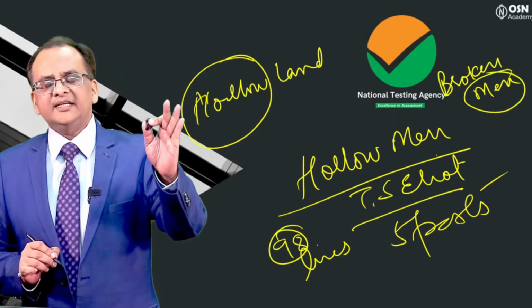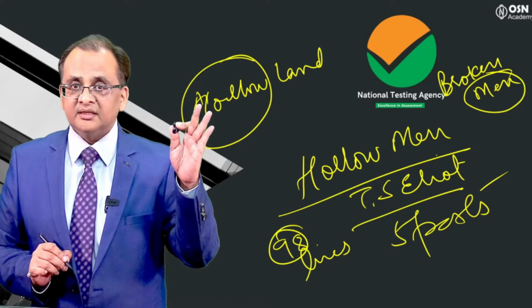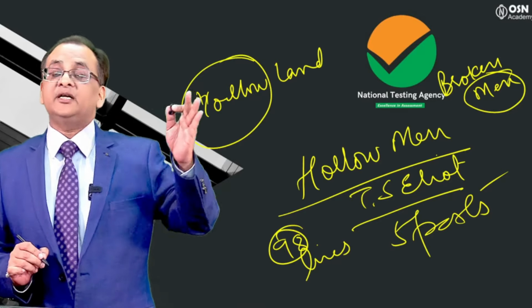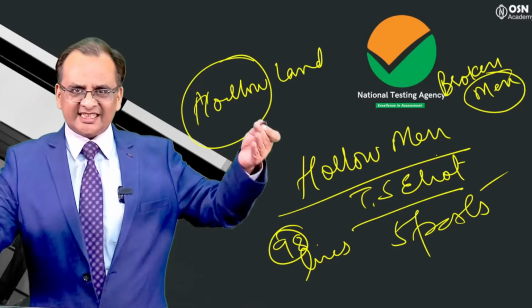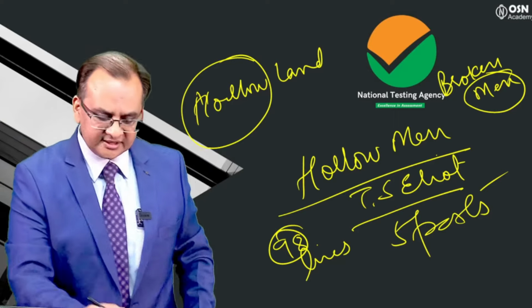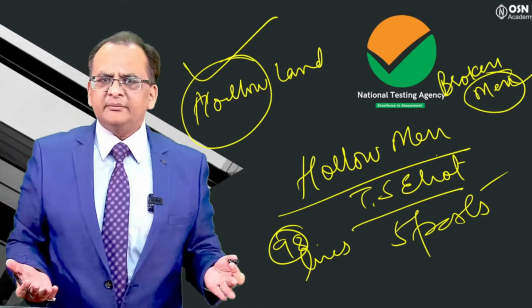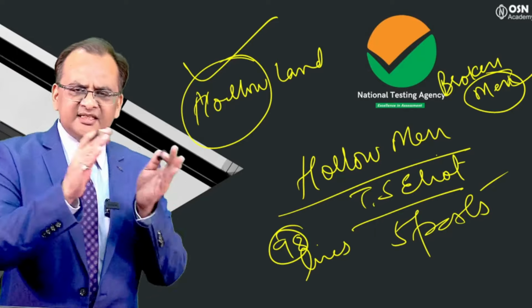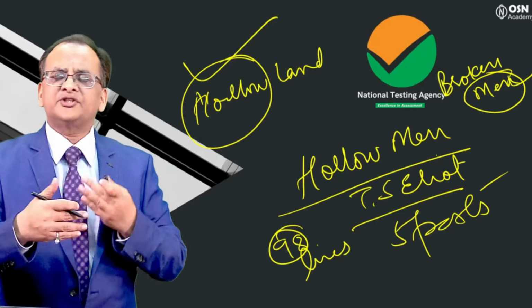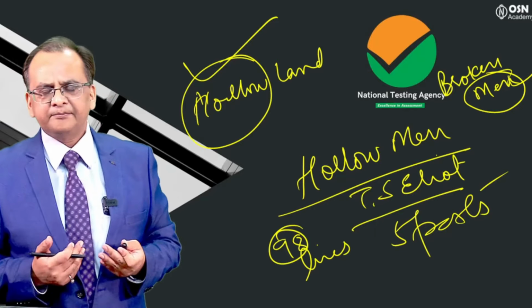This Hollow Land is written by William Morris and Broken Men is written by Rudyard Kipling. So combine the titles: Hollow taken from here and Men taken from here. So anything can be asked, such as who has written this Hollow Land. Many questions can be made.